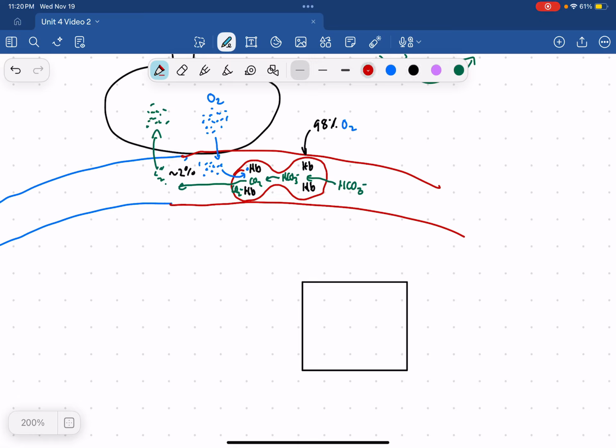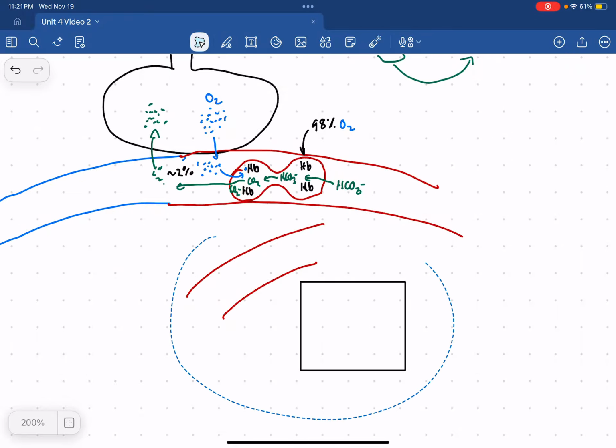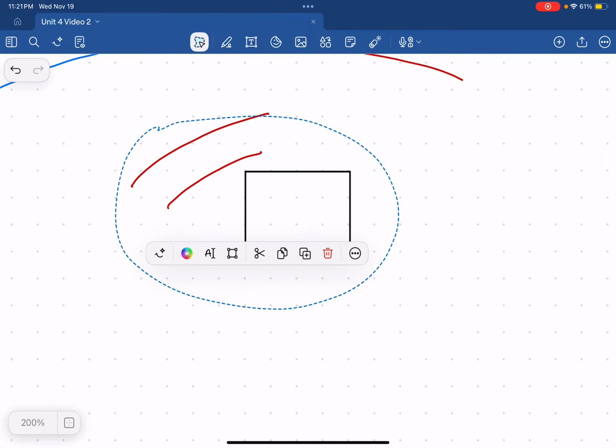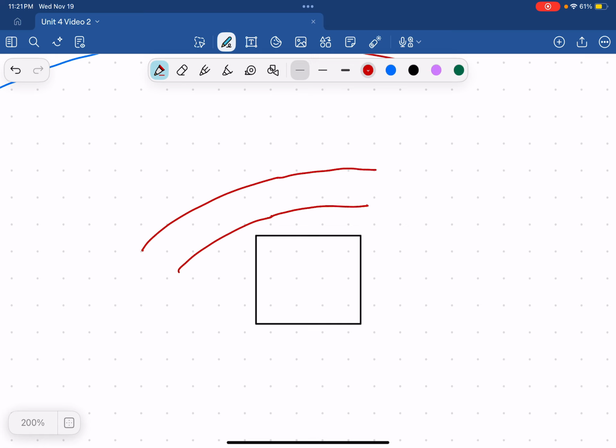When hemoglobin has made it to its destination, right? Move that down just a tad bit. Hemoglobin has made it to a tissue cell.